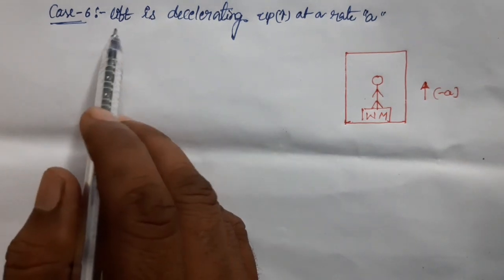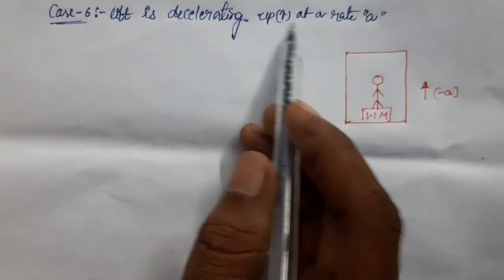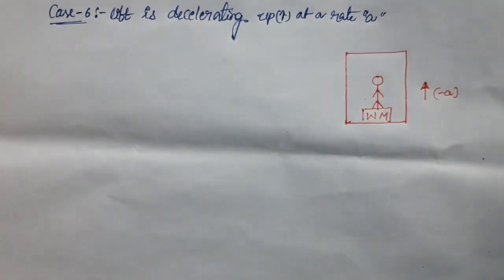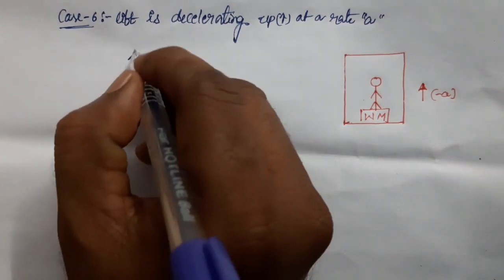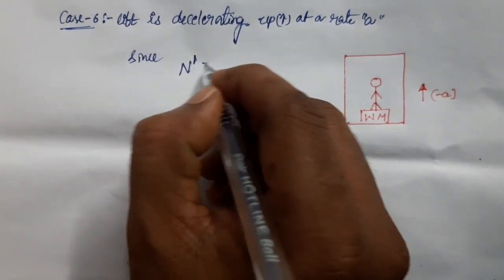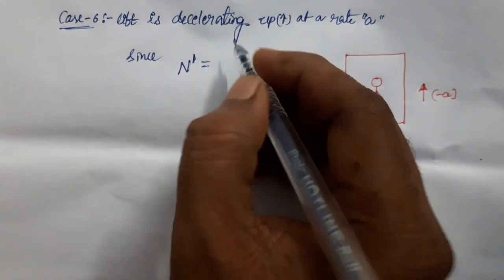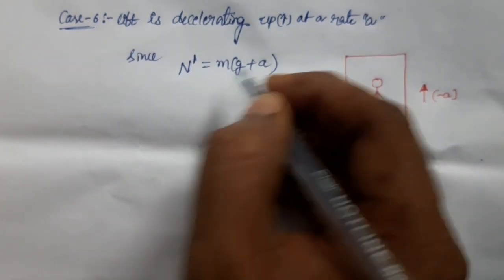Students, see case 6, lift is decelerating up at a rate a. We already calculated in case number 2, students. If the lift is moving in the upward direction, from case 2 we already calculated this relation, n is equal to m of g plus a, students.